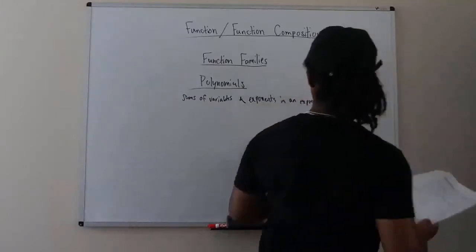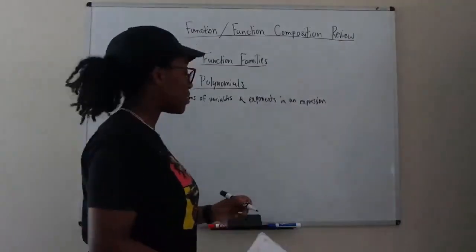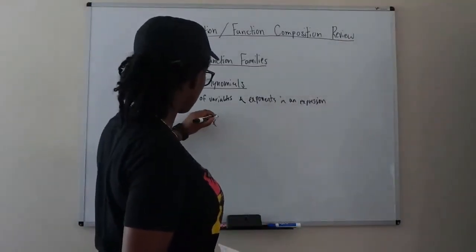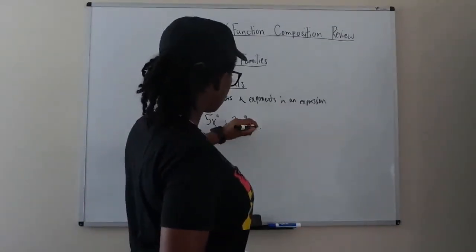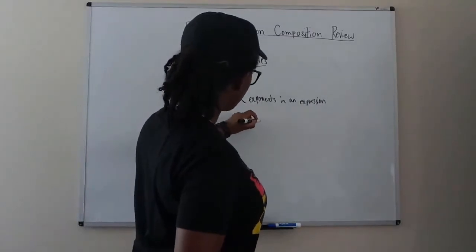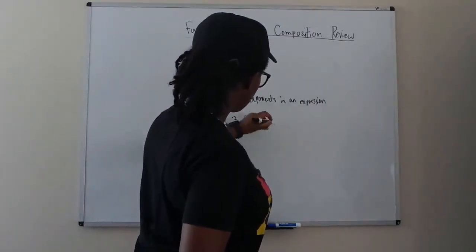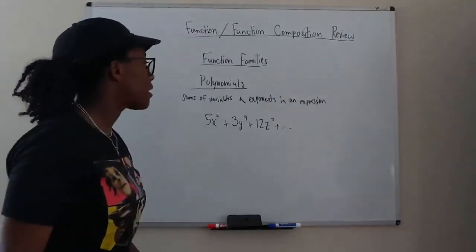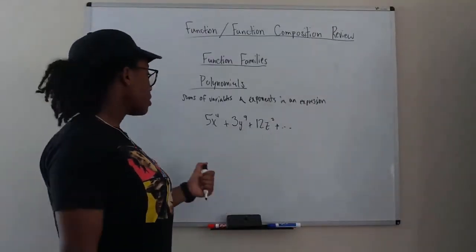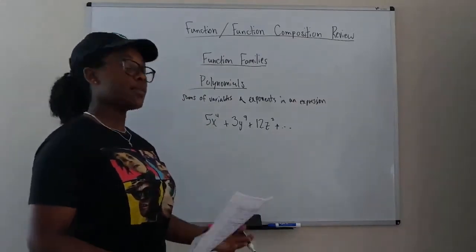That can pretty much look like anything you can think of. So let's say it's 5x to the fourth plus 3y to the 9th plus 12z squared plus... just anything that's connected by addition, subtraction, things like that.